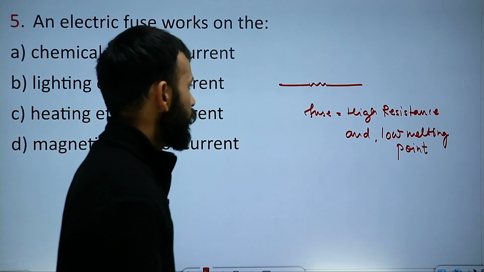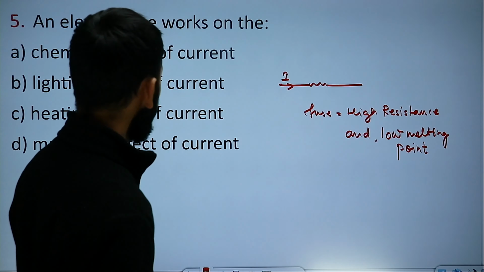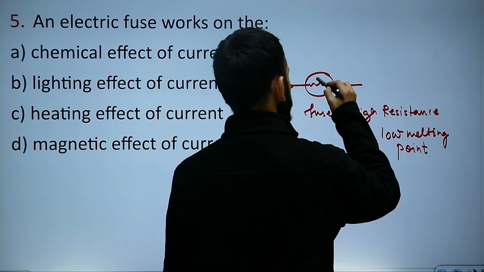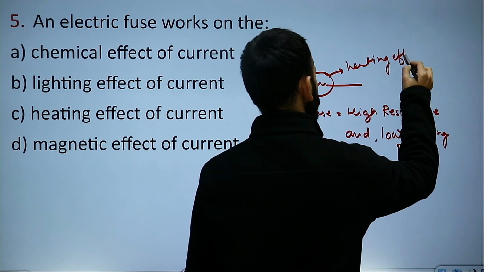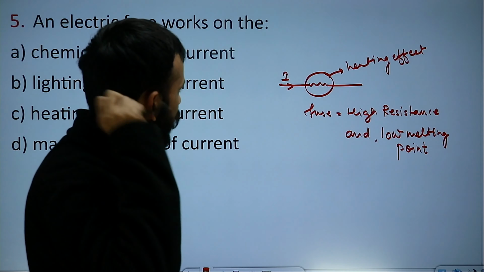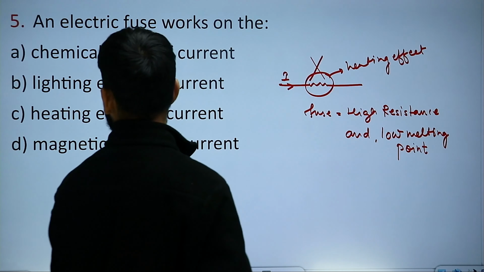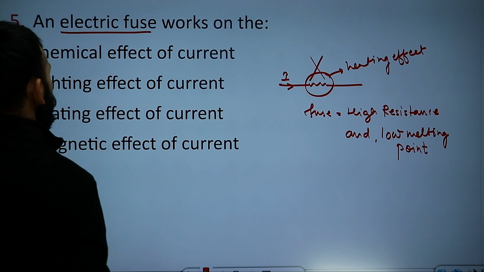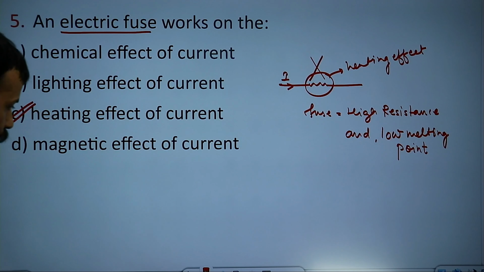When a huge amount of current flows through the fuse, then due to its high resistance, it gives a heating effect, the wire starts melting, and the connection is broken. So we can say that an electrical fuse works on the heating effect of the current. So option C will be the correct answer.